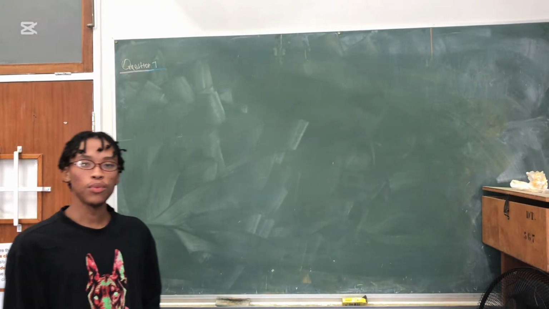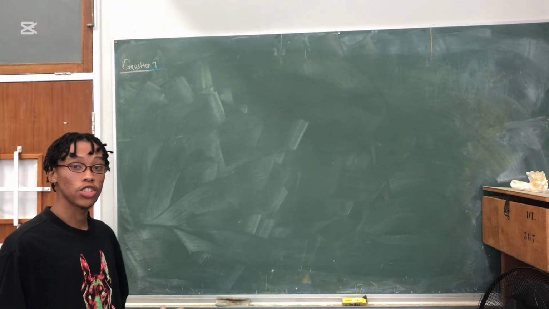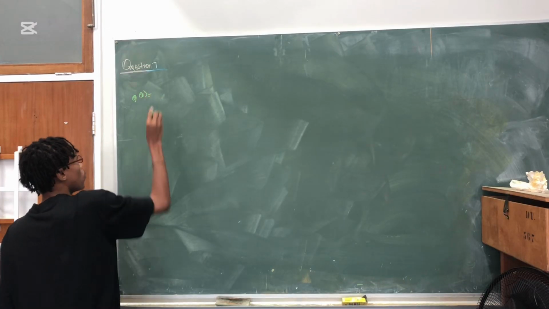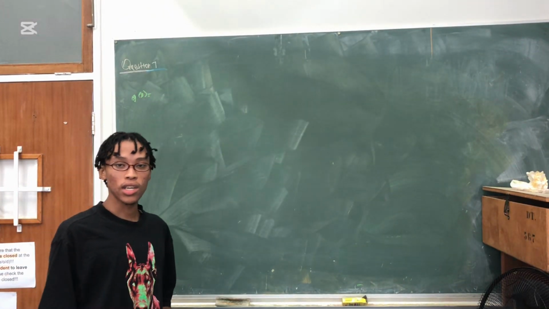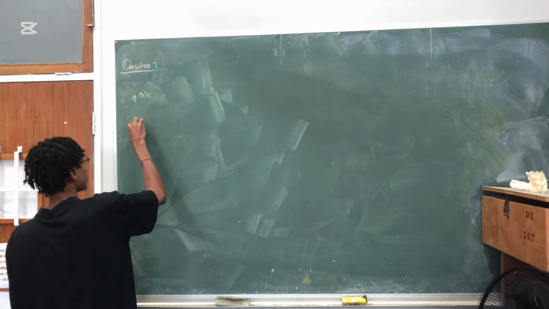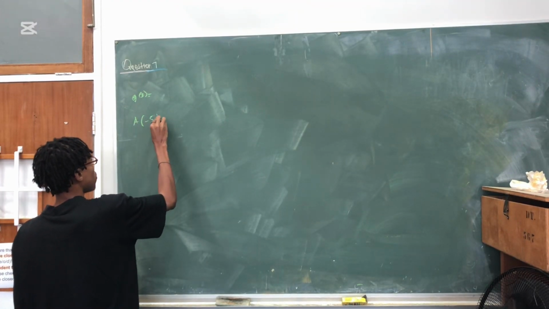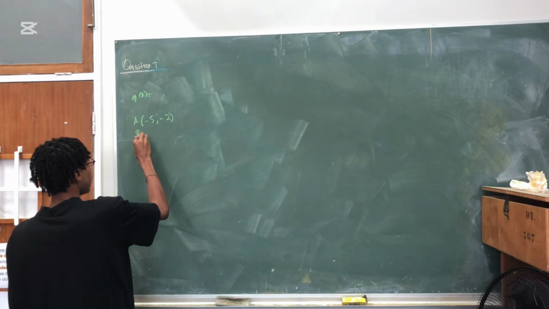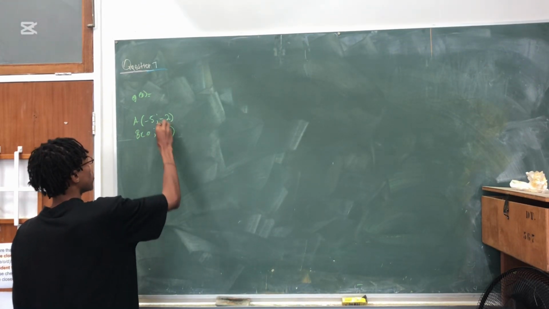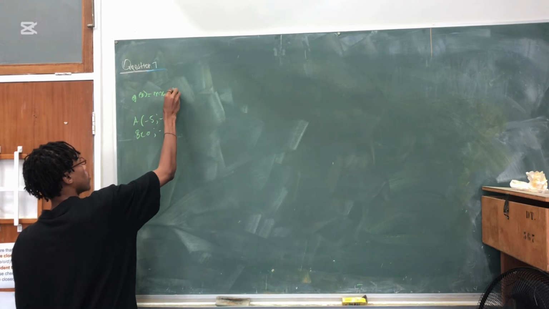For the third question, we're asked to determine the equation of g of x, which is a straight line that runs between the coordinates of A and B. We know that the coordinates of A are (-5, -2) and B is (0, -8 over 5). This is a straight line.